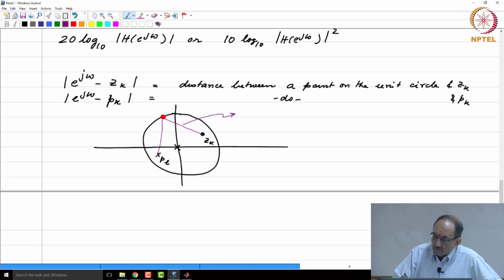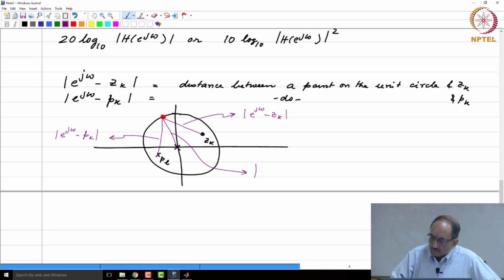Therefore, this is magnitude of e to the j omega minus zk. This is the magnitude of e to the j omega minus pk, and this is nothing but magnitude of e to the j omega minus 0.